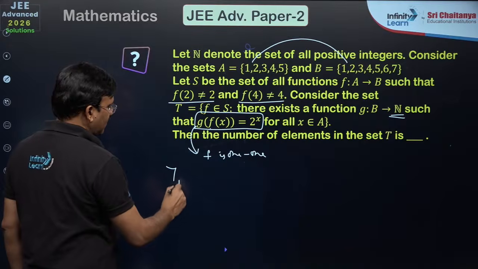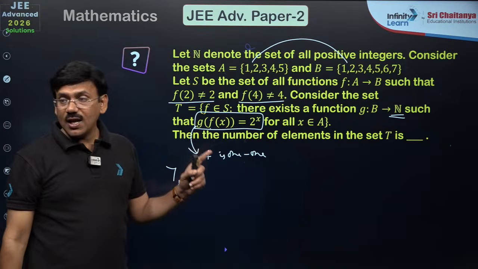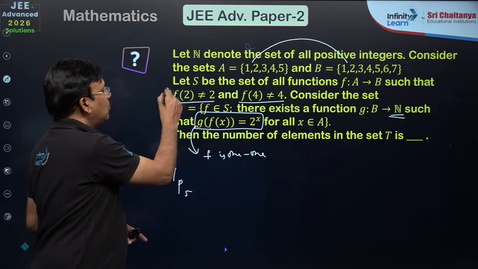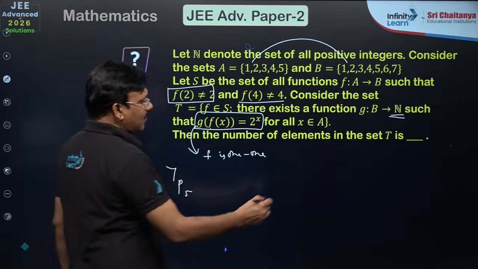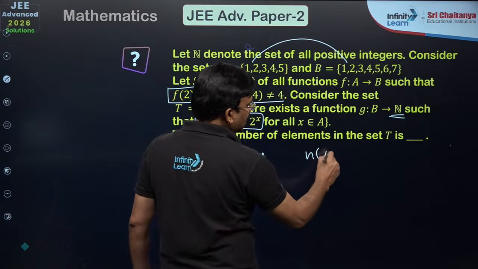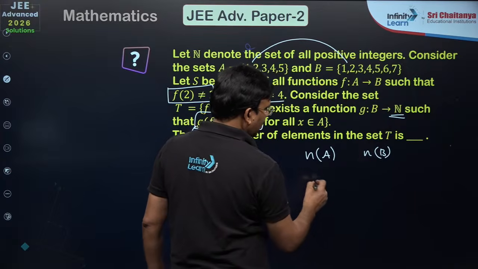which is 7P5. But the point is, I shouldn't take those one-one functions where 2 is mapped to 2 and 4 is mapped to 4. So I mean to say, 2 mapped to 2, let it be A, 4 mapped to 4, let it be B, such one-one functions.